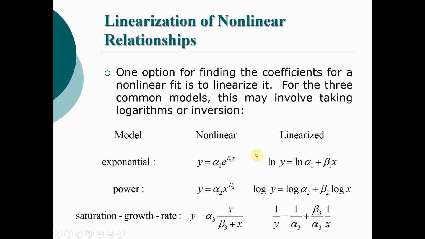The log of a times b is log of a plus log of b, so you would have natural log of alpha 1 plus natural log of e raised to the power beta 1 x. And the log of x to the power alpha is alpha times log x. These are very simple log formulas that you hopefully remember from previous math courses.